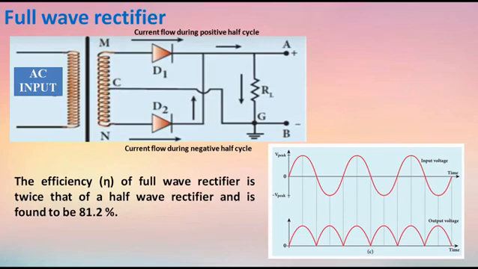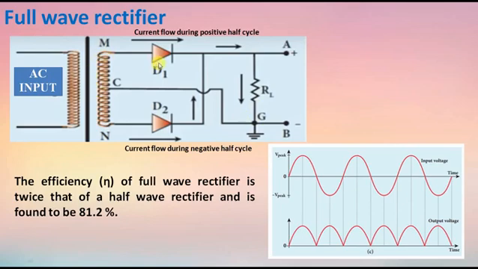Due to the center tapped transformer, the output voltage rectified by each diode is only one half of the total secondary voltage. During the positive half cycle, when the positive half of the AC input signal passes through the circuit, terminal M acts as positive potential, N is negative potential, and G is zero potential.